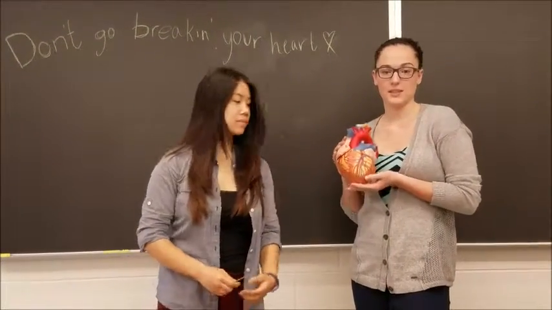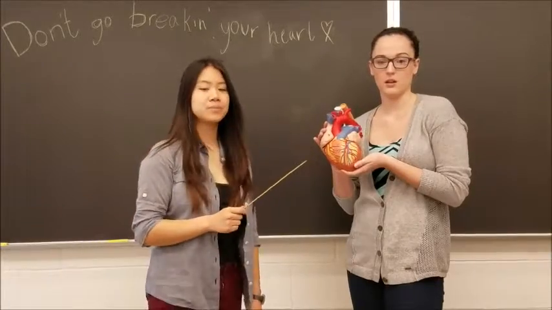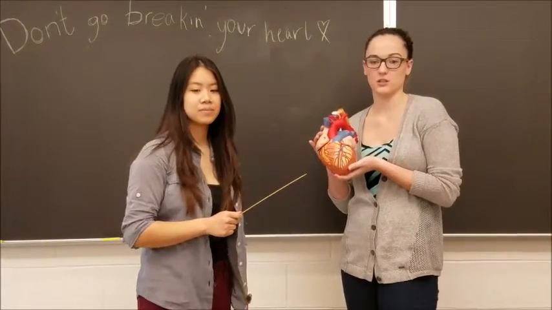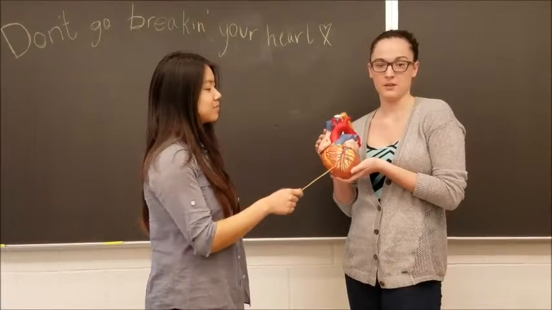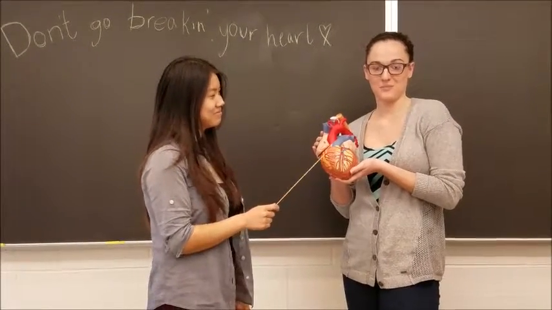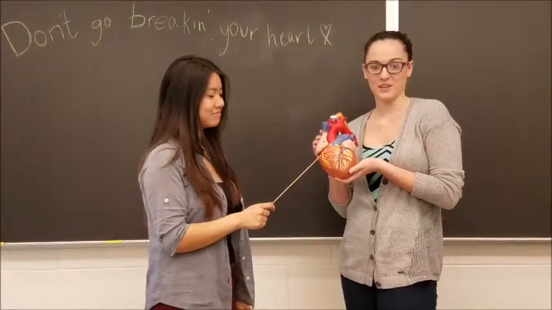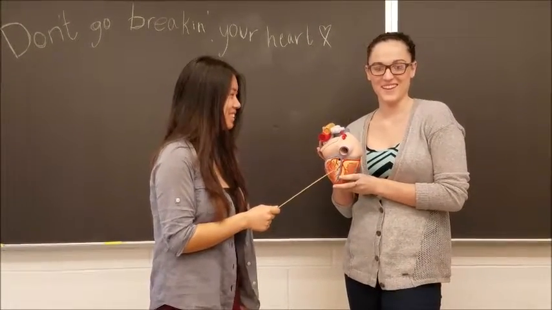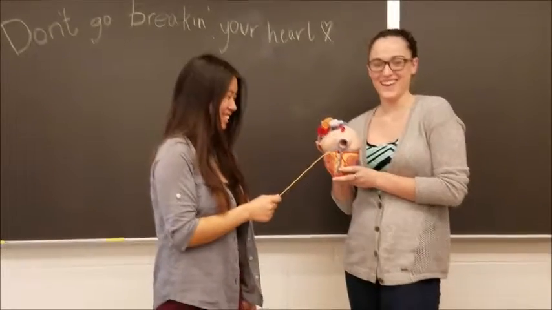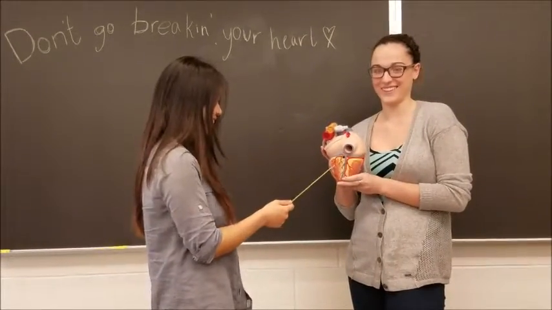So, as you can see in this model, the arteries that are involved in coronary circulation are the aorta, the left coronary artery, the right coronary artery, the right marginal artery, the posterior interventricular artery, the circumflex artery, and the anterior interventricular artery.